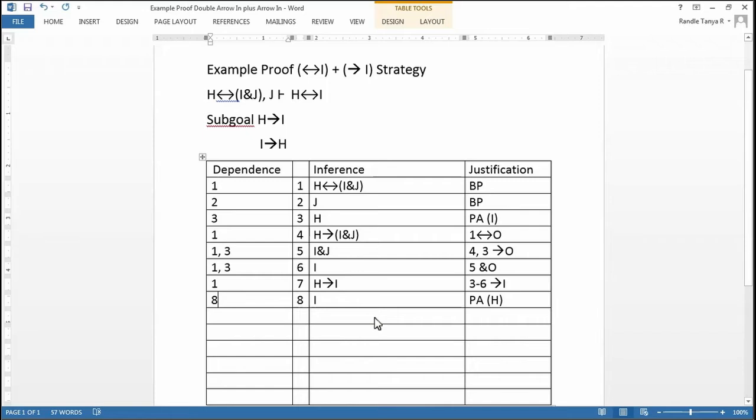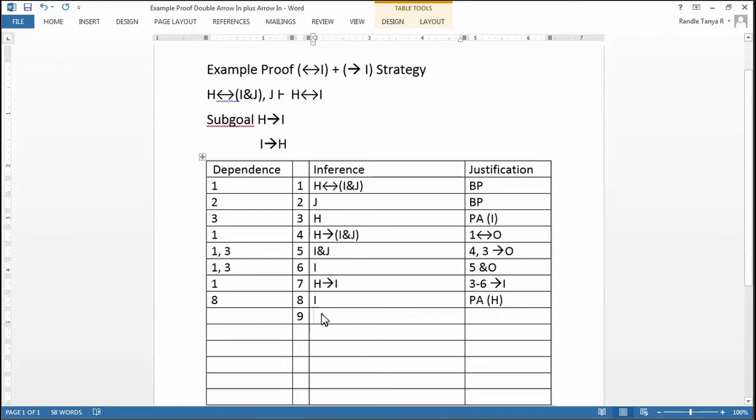Okay, so now I'm trying to get H. Well, what can I do? What am I going to do here? The only place that I see H on a line that I could possibly use is line 1. So I'm going to use the double arrow out rule.